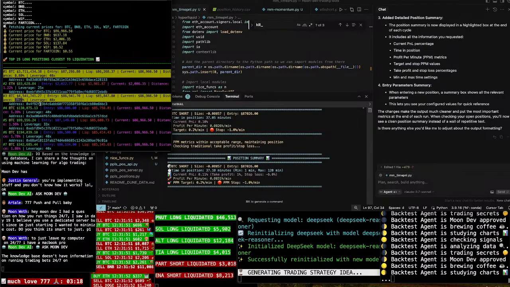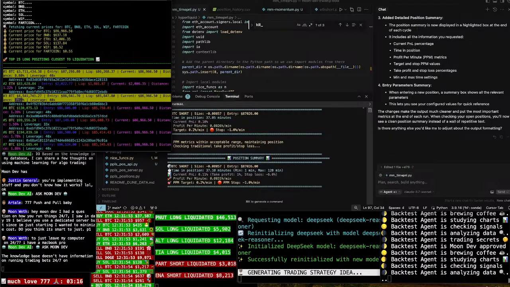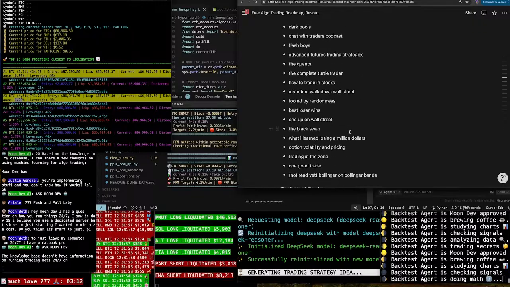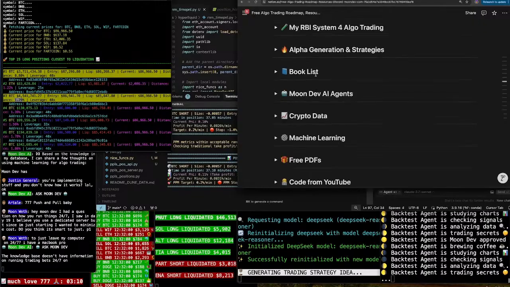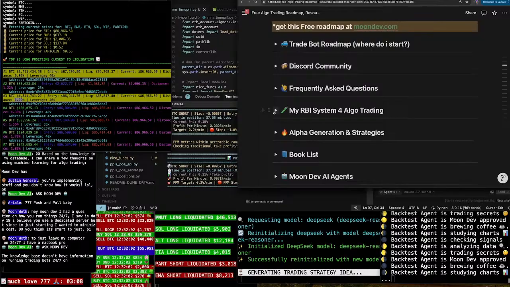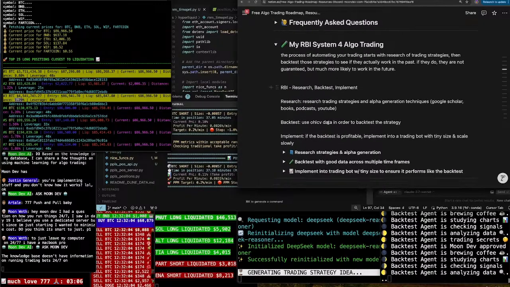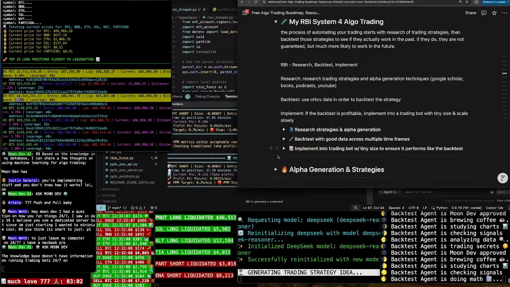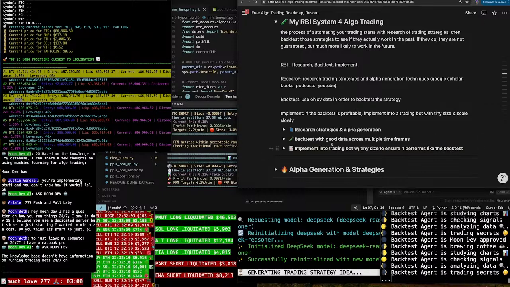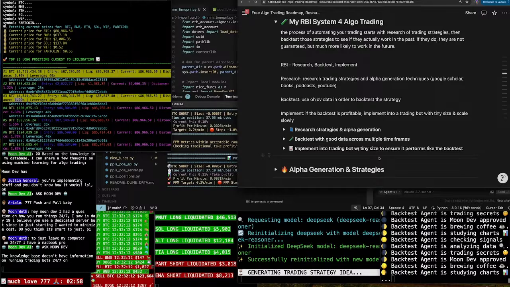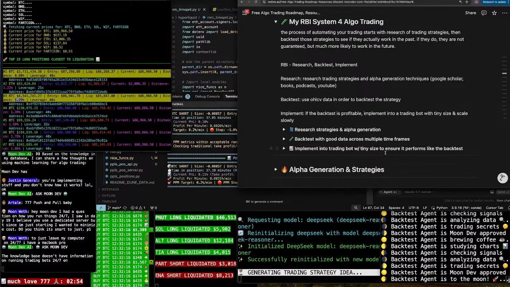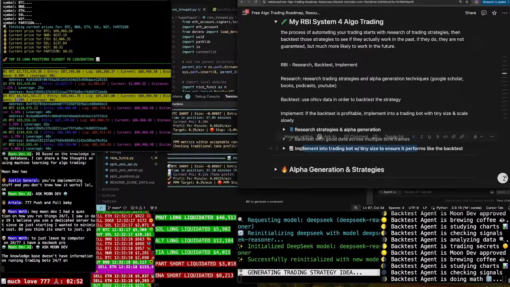But remember, the process is RBI. So this should keep you only running strategies that actually have a chance of working, because you backtested to see if they actually work in the past. And if they do, then you move on to the strategy part. Letting it run for a couple months on your computer at home is a little challenging for some of us. I run out of power and stuff, and power goes out.